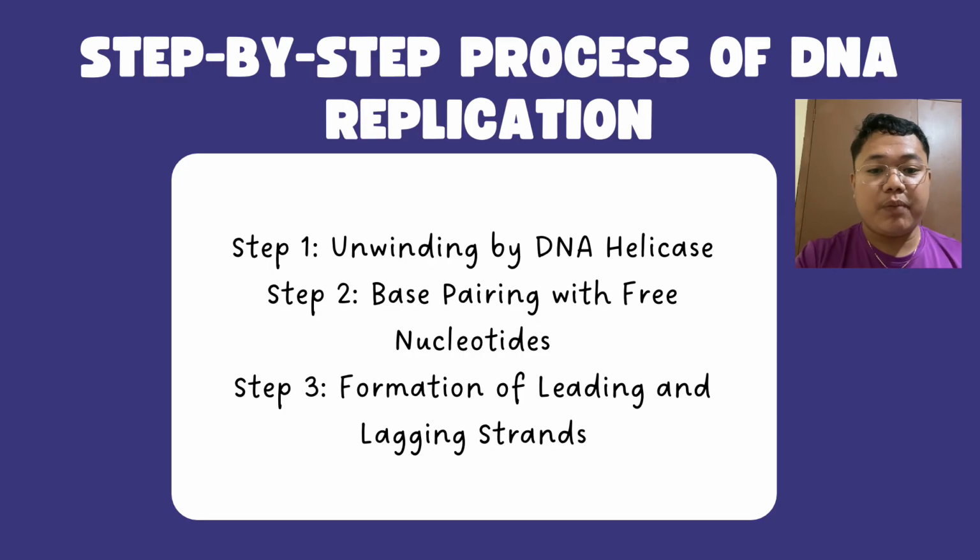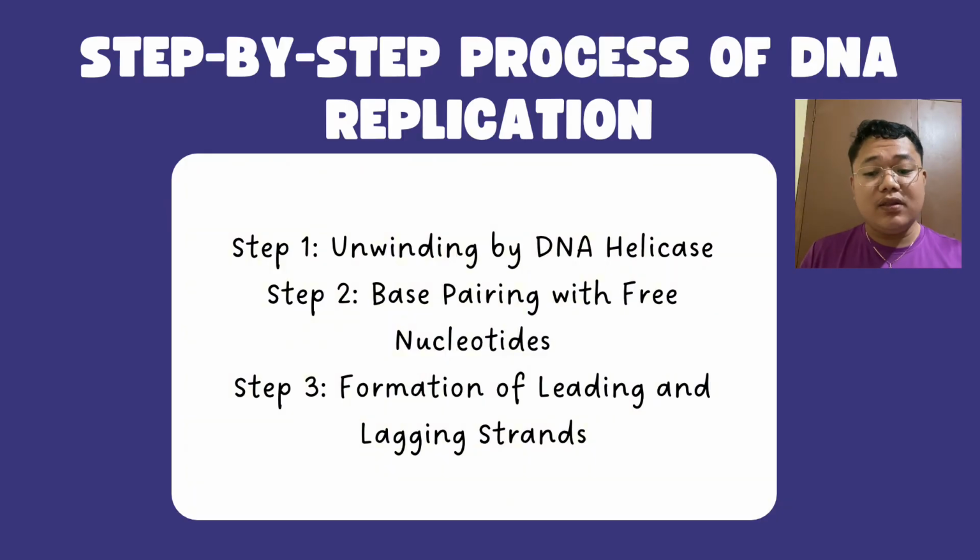The third step is the formation of the leading and lagging strands. Because the two strands of DNA run in opposite directions, one from 5 to 3 and the other from 3 to 5, DNA polymerase can only work continuously on one side.